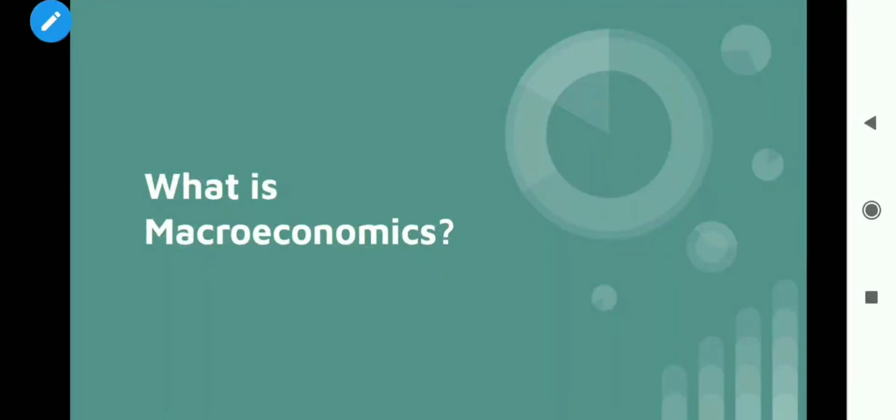So now let us know what is macroeconomics. But before knowing what macroeconomics is, let us recap what we did in our 11th standard. We have already started studying economics in the form of introductory microeconomics.